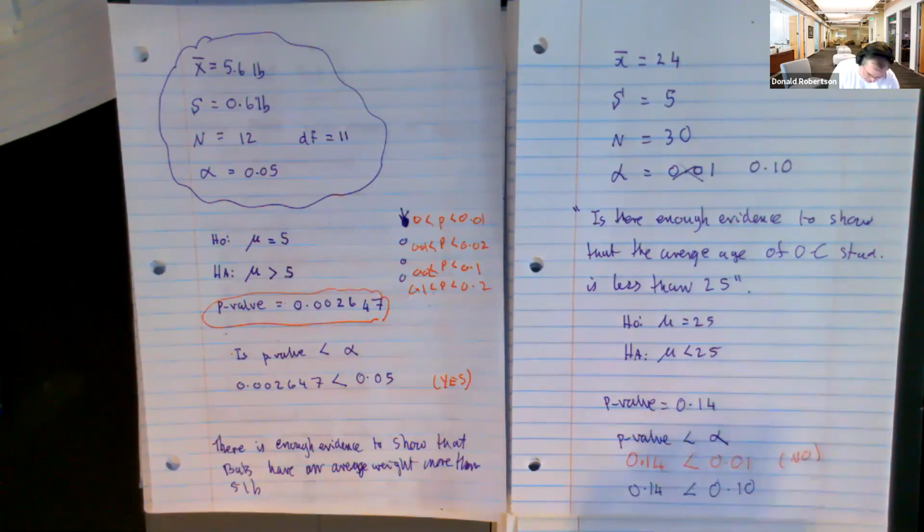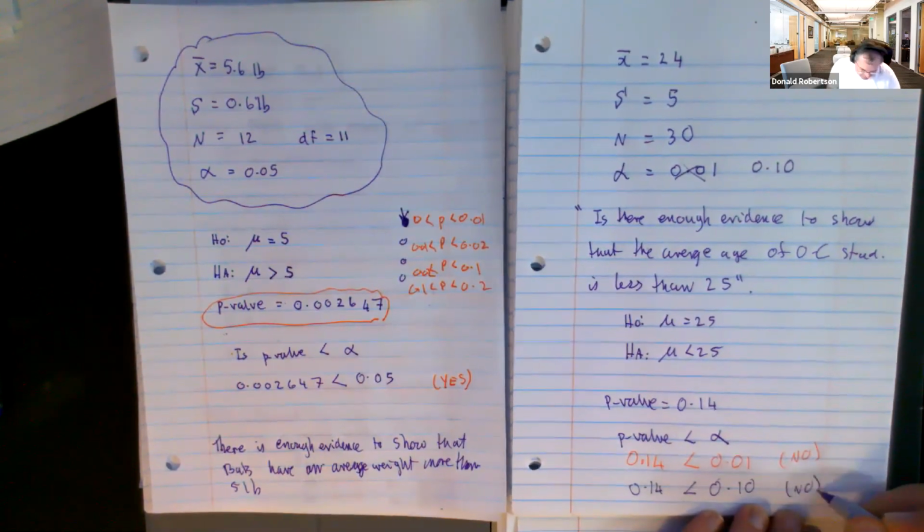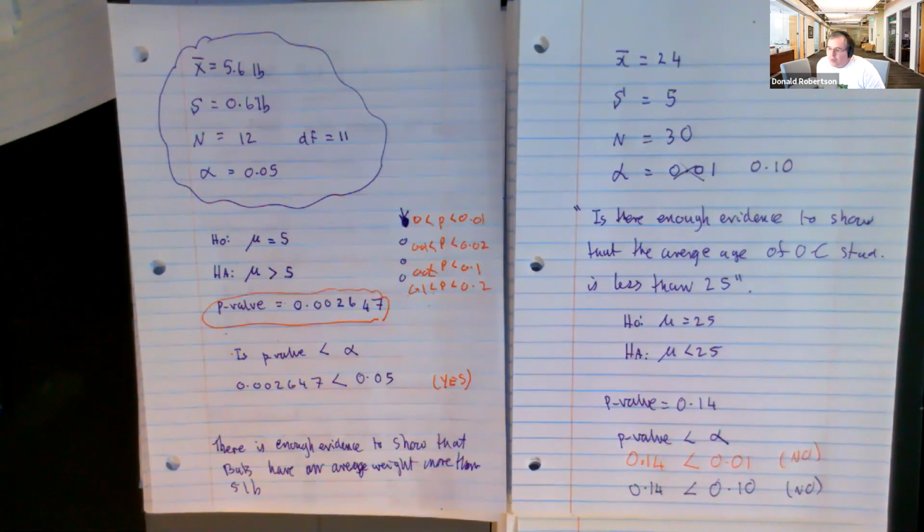No, agreed. So no matter what significance level I chose, and there are only 3 really to pick from, would you agree that nothing statistically significant came out of that sample?